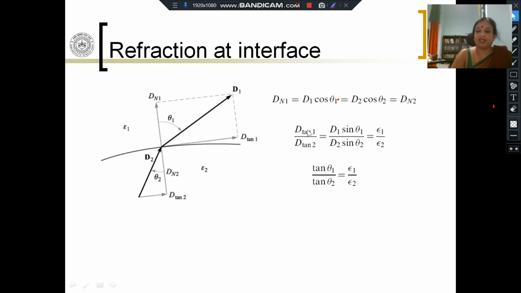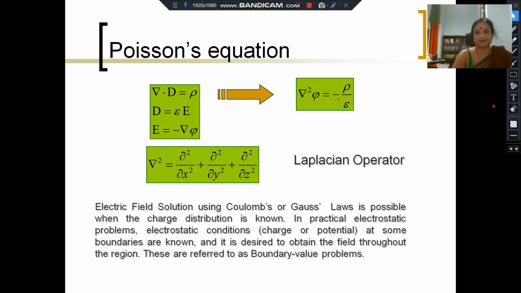Therefore, the tangential component Dtan1 by Dtan2 is equal to D1 sin theta 1 by D2 sin theta 2, which is equal to epsilon 1 by epsilon 2, which gives me the relation between the tangents of the angles theta 1 and theta 2. Tan theta 1 by tan theta 2 is equal to epsilon 1 by epsilon 2. So essentially, the flux line is refracted at the interface in the ratio of their permittivities. This is basically Snell's law of refraction of flux lines at an interface.